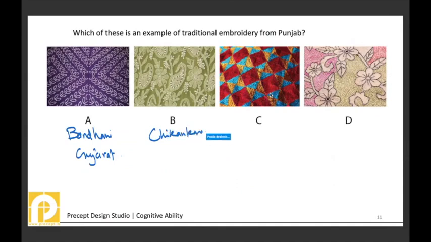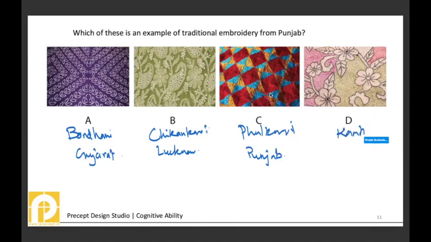Chikankari happens in Lucknow. The third one is Phulkari. Phulkari happens in Punjab. This is the traditional embroidery of Punjab. Option D is Kantha. It is seen in the region of Bengal. The correct answer is option C.